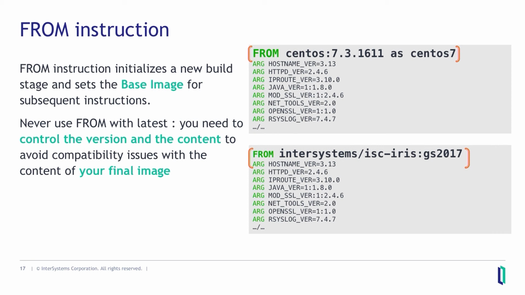Because from here, you have to download your tarball distro from Cache, Ensemble, or Iris now, and provide the installation phase in your Dockerfile. It's quite easy. It's of course supported. But again, it's not our advice. Our advice is clearly for you to download an already built image, either from Cache, Ensemble, or Iris.